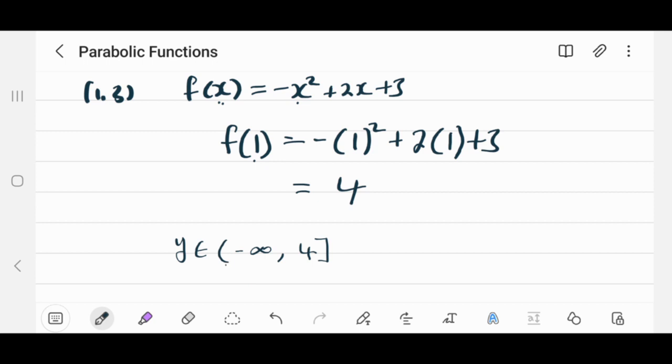We can never include infinity. Infinity does not end. Another learner can say y must be anything less than or equal to 4, because 4 is touched as well. 4 is part of the function, right? So if you do that, you are very likely to get it right.